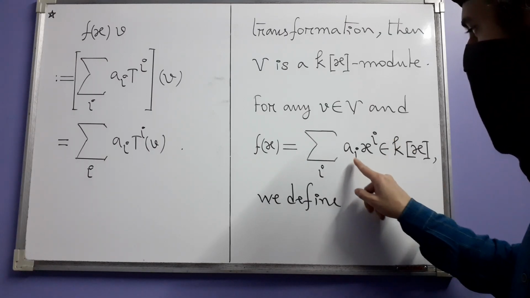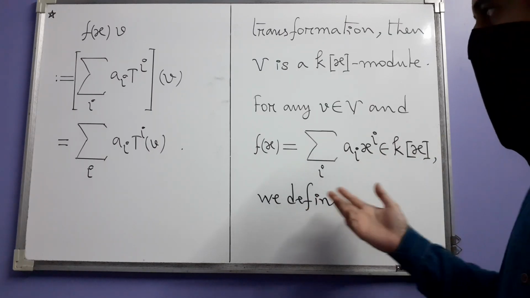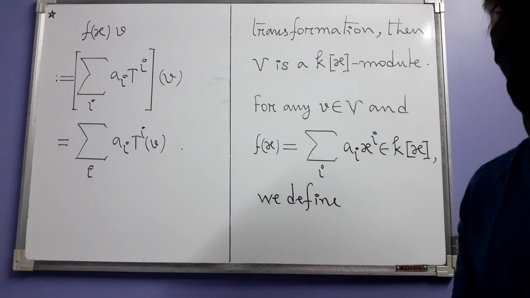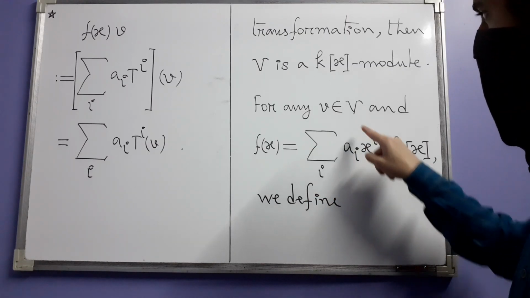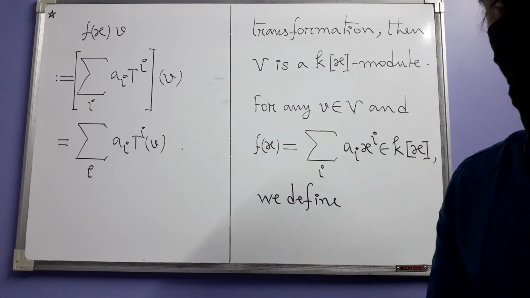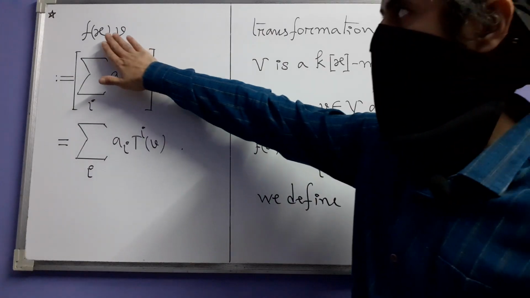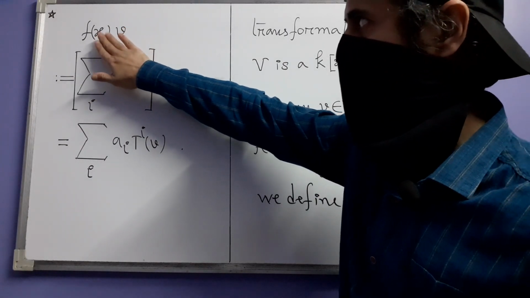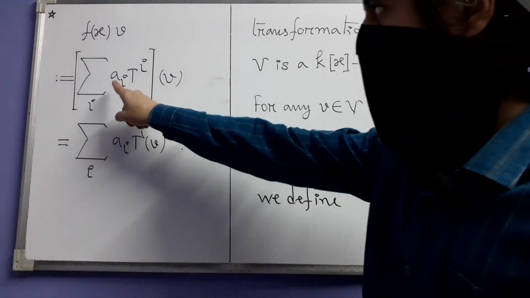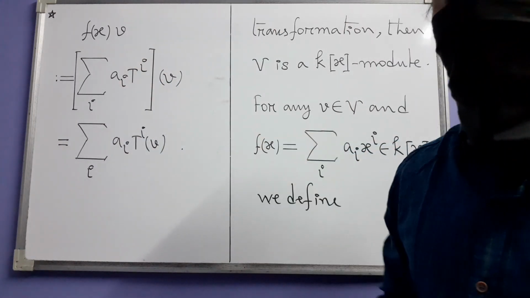Of what? a_i x to the power i. I mean, instead of writing the polynomial fully, I have used summation notation, that's all. For this vector v and this polynomial coming from the polynomial ring K[x], we define this product, product of f(x) and v, like this: summation a_i T to the power i.